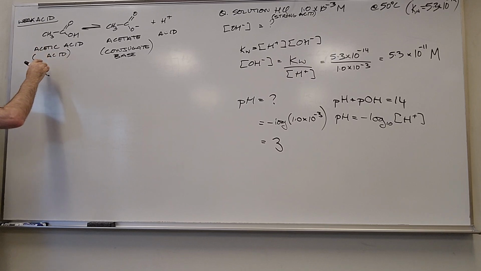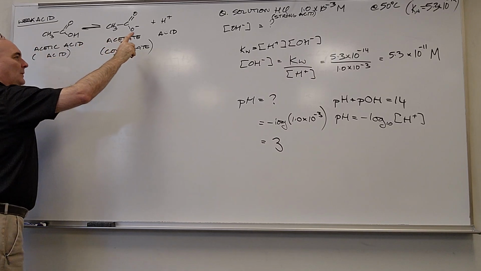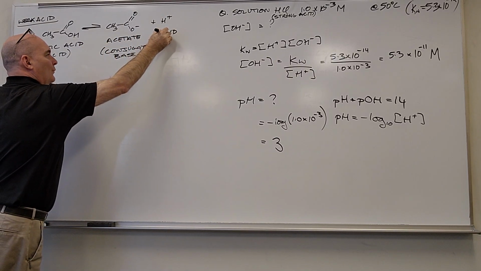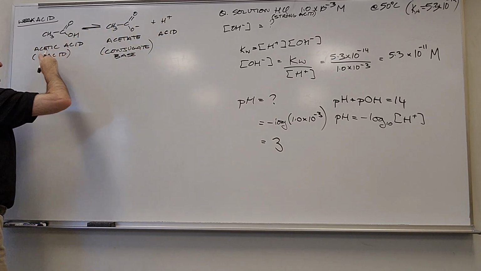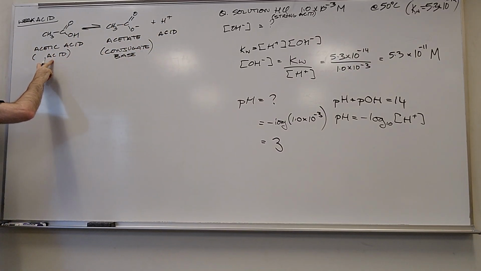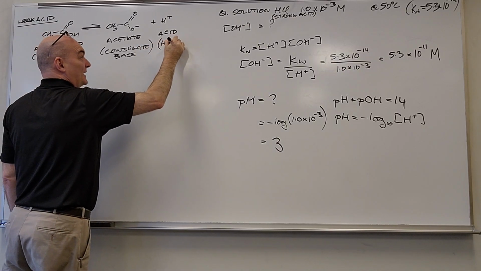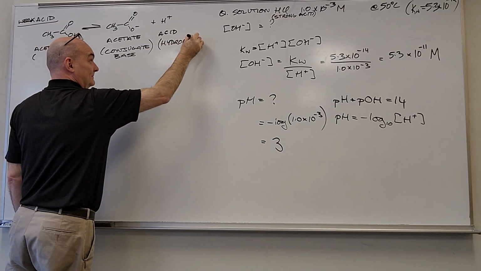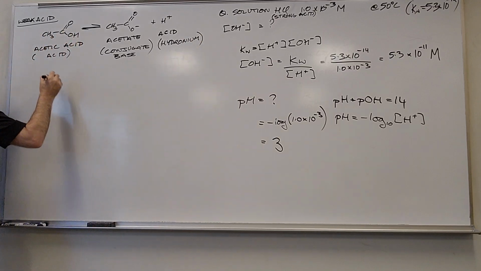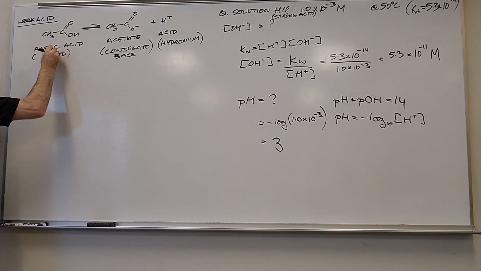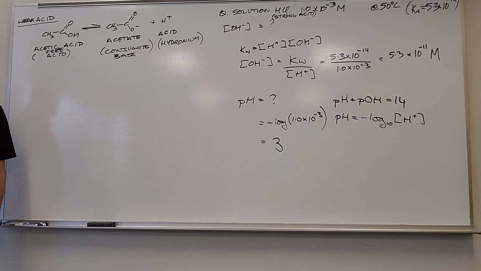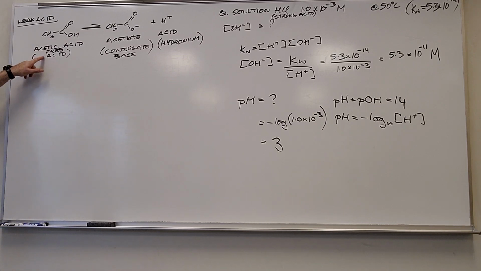Sometimes, to avoid people confusing what really is the acid versus this acid, they'll call this hydronium, which it is, and they'll call this the free acid. I think this is going away. I don't see it being written down anymore.